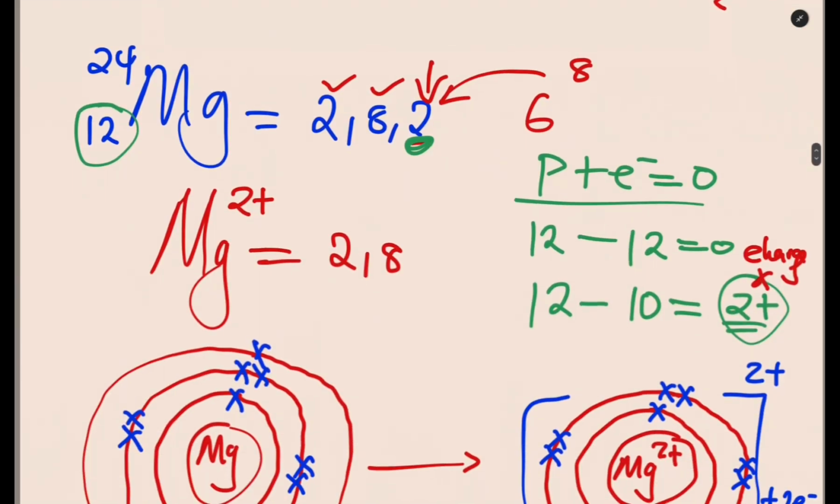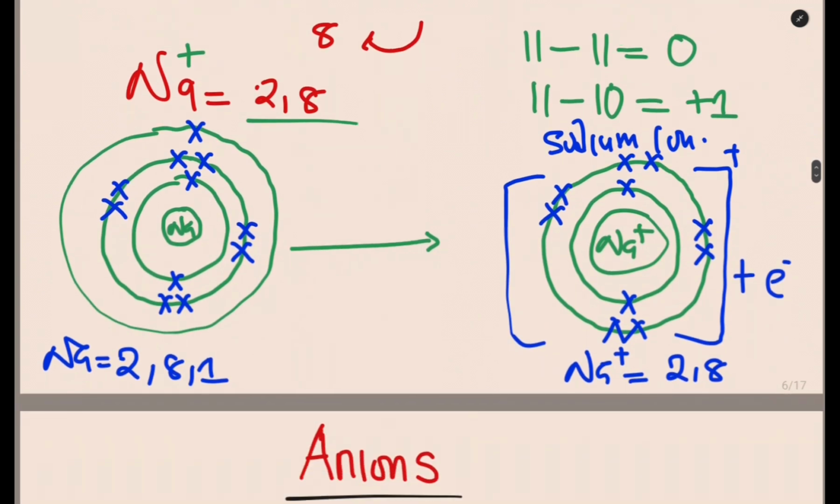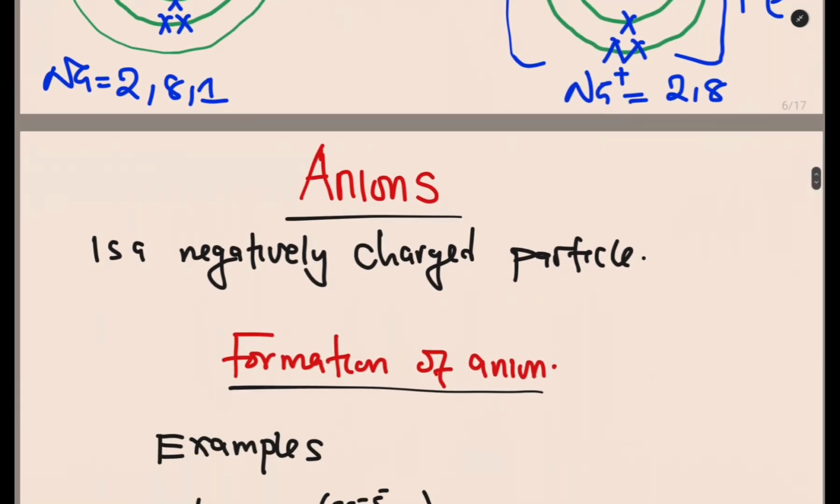All right, the other part that we can look at now is the part for anion. Anion is a negatively charged ion. It is a result of atoms gaining electrons in order for them to be stable.